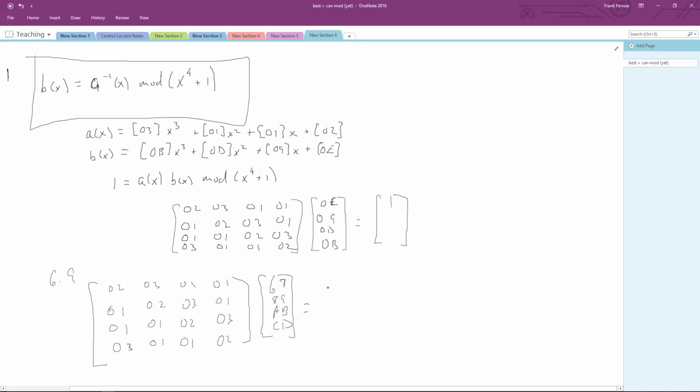And we want to compute this. So this is a matrix multiplication. I'll just compute one row and one column. If we do row 1 times column 1, it's going to be 2 times 67 plus 3 times 89 plus 1 times AB plus 1 times CD.